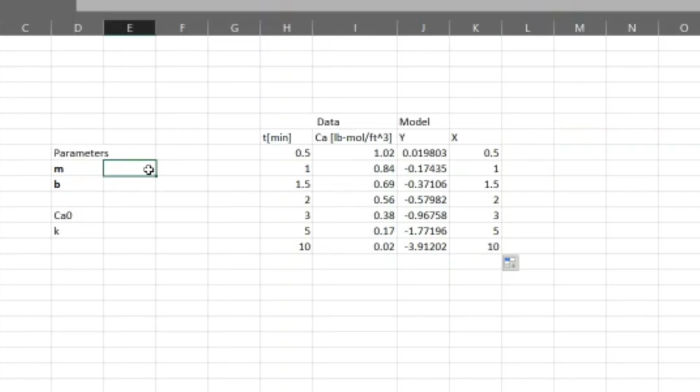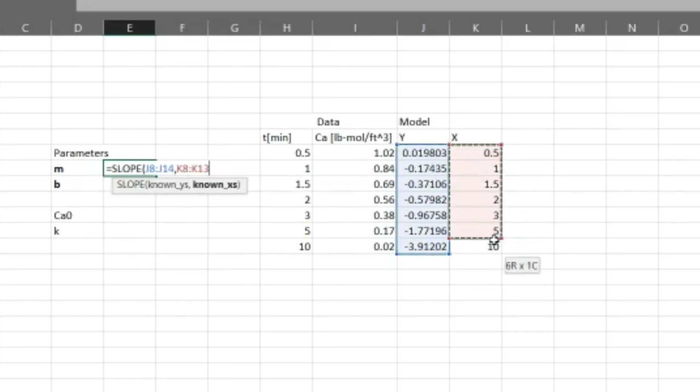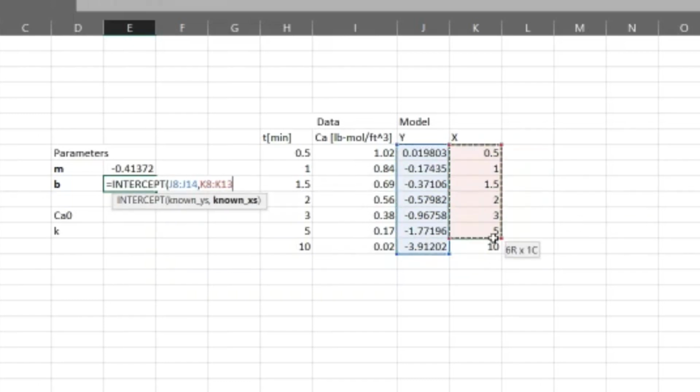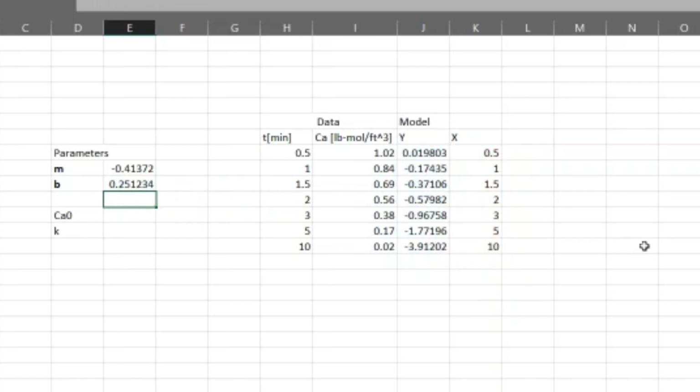Now we need to program the parameters. m is the slope, from known y's, known x's, and b is the intercept, from known y's, known x's. Okay, so we've programmed our model here.